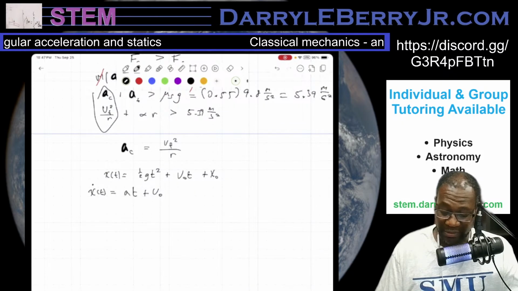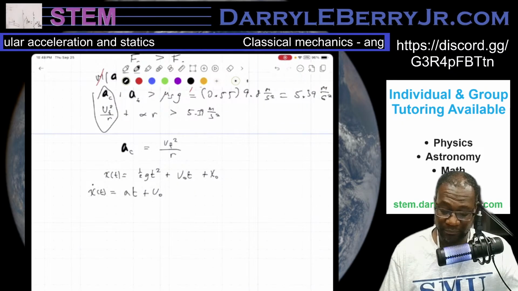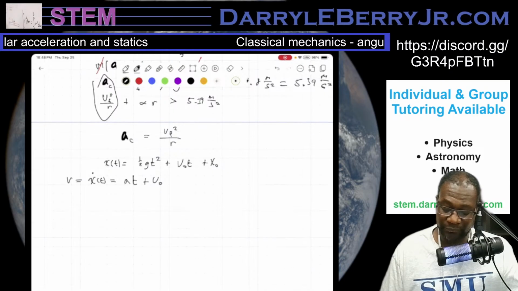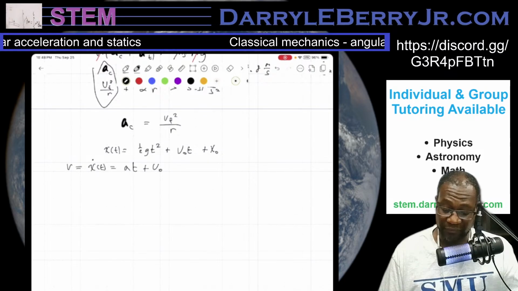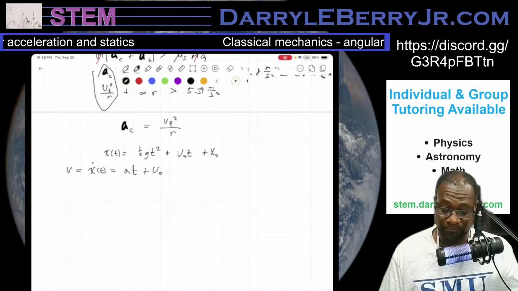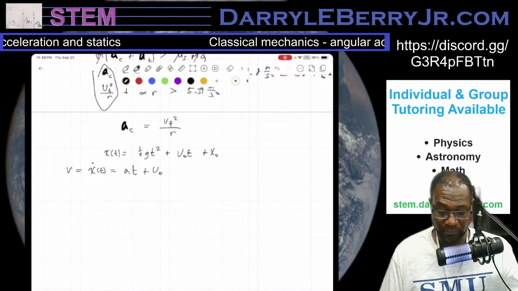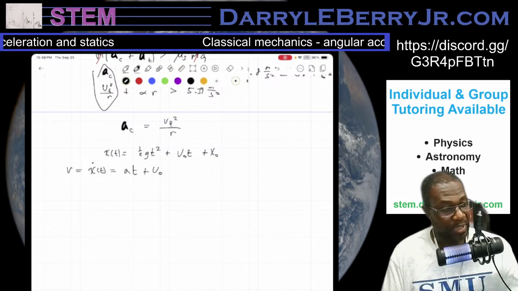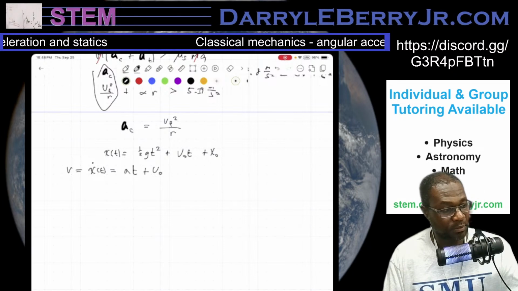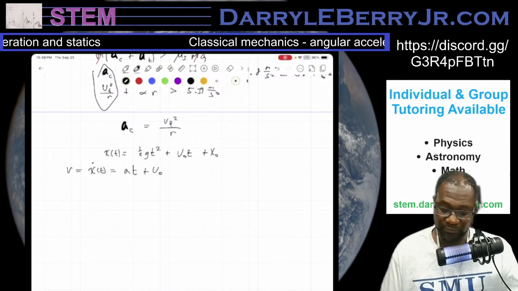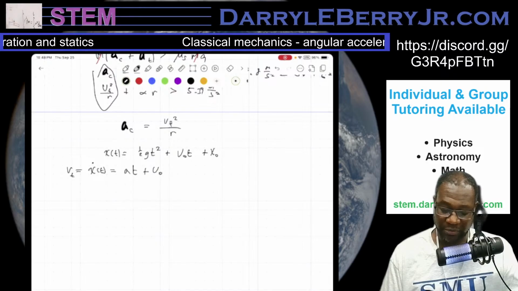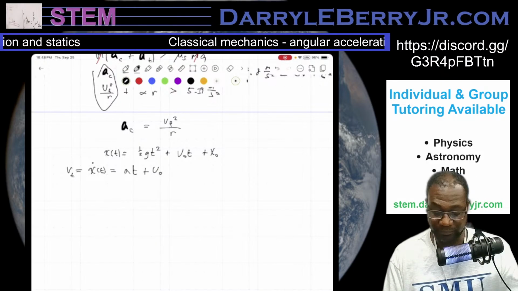So this allows us to get the linear velocity. The counterpart of this would be, translational velocity is going to be acceleration times t plus v naught.